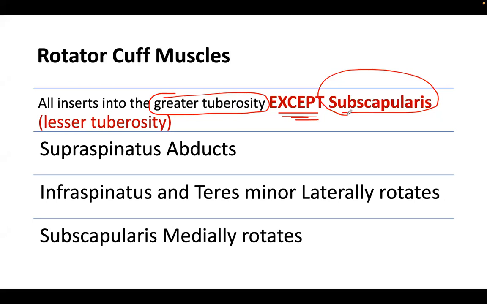And always remember, the subscapularis has a very unique action. What is that unique action of the subscapularis muscle, which no other rotator cuff muscle can do? And that is internal rotation.